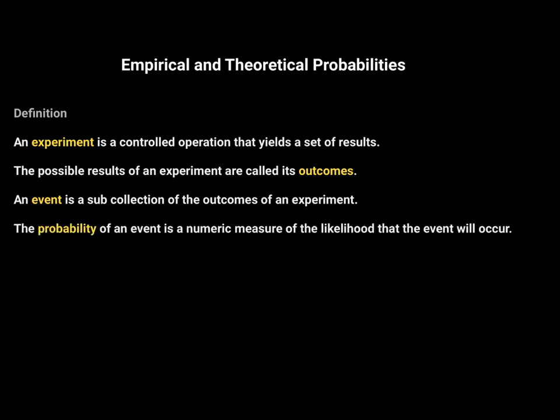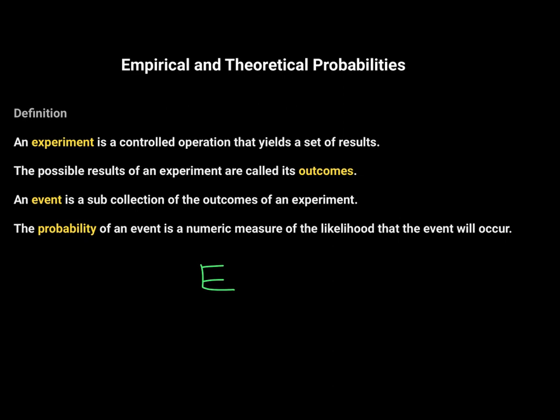Now, once we understand experiment, outcomes, and event, and what we mean by these terms, we can then discuss and understand probability. The probability of an event is a numeric measure of the likelihood that the event will occur. When we talk about an event, we usually use the letter E to represent it.